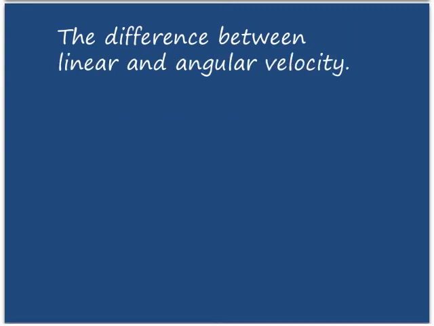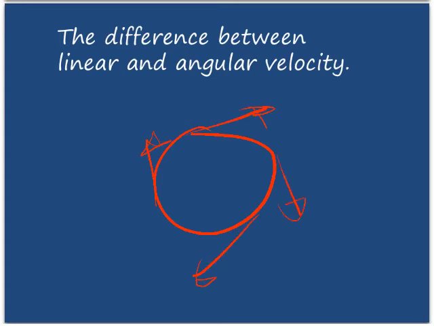Difference between linear and angular velocity. The linear is always the tangent to the point, no matter where you are. It could be in there, so always a tangent. However, angular velocity is how far you've swept an angle in a certain amount of time.